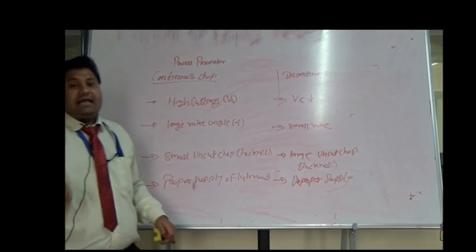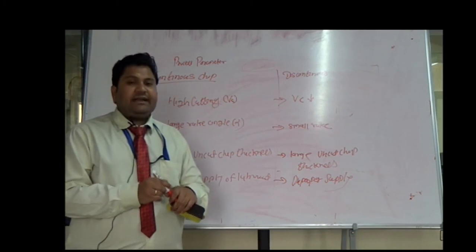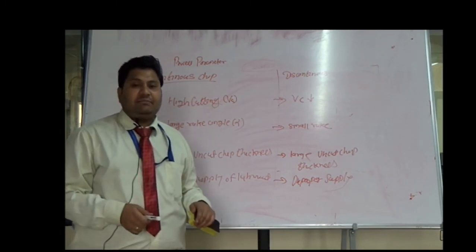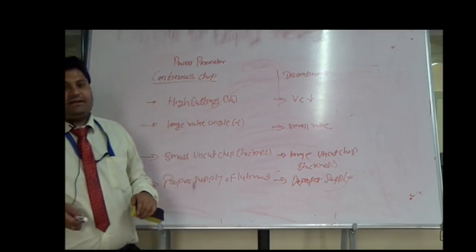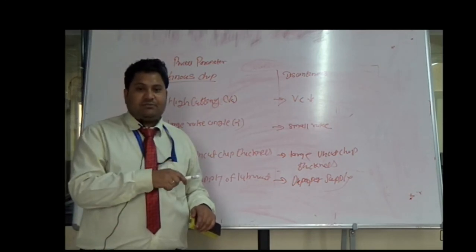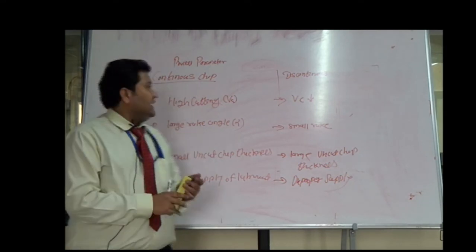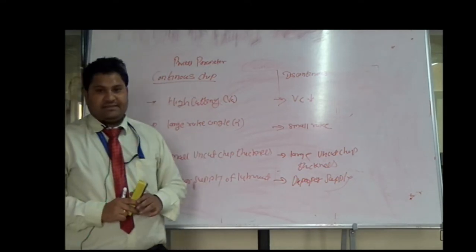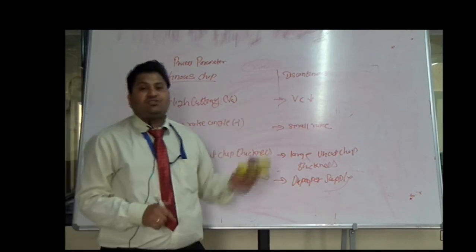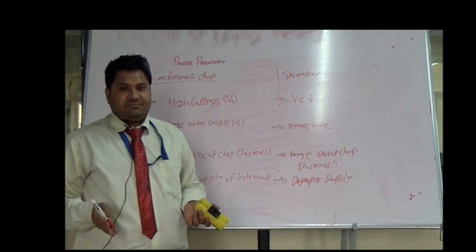Last, we have to see the types of chips. We might consider that if you take a ductile material you get continuous chips, and if you machine a soft material you get discontinuous chips.